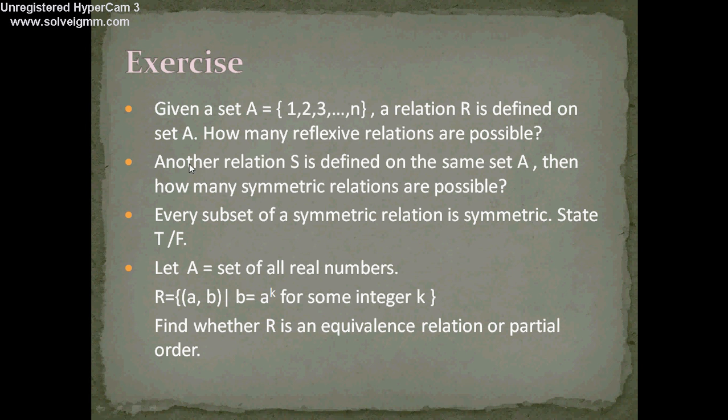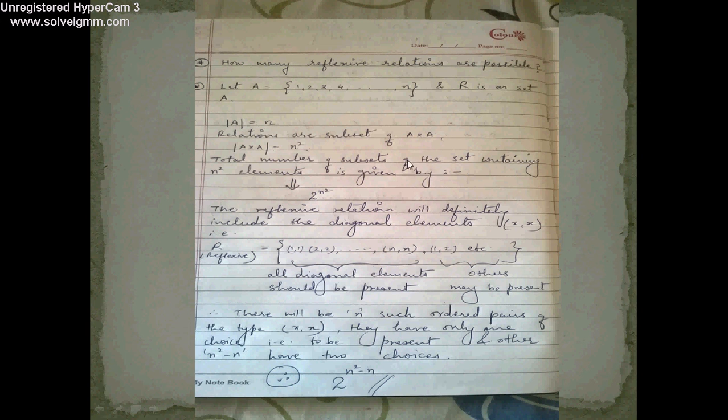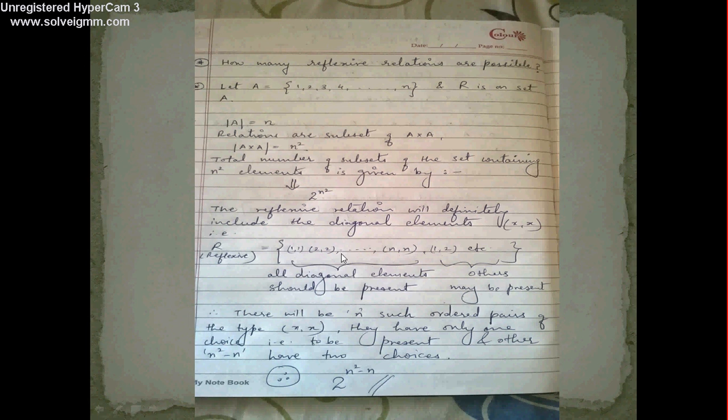In a similar manner you can try the rest of the questions. Here you can see how many reflexive relations are possible. R is on set A, the cardinality of A is n, and relations are subsets of A cross A, therefore the cardinality of A cross A is n squared. So the total number of subsets of a set containing n squared elements is 2 to the power n squared. Now a reflexive relation should contain these n ordered pairs, so they have only one choice.